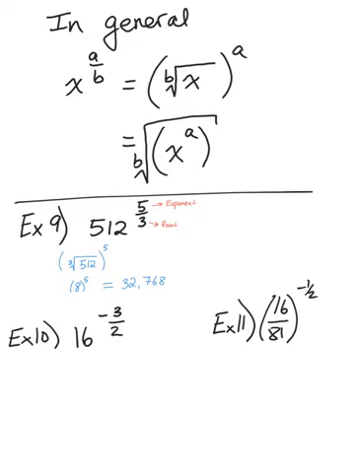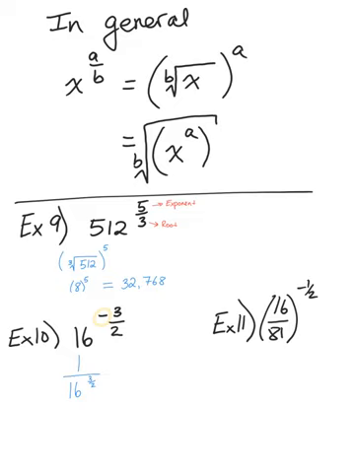In example 10, I have 16 to the negative 3 over 2. Before you do anything with your fractions and your exponents and whatever, first change the position. Anytime you have a negative exponent, that is telling you that the 16 is in the wrong position. So I'm going to change the position first. This is 1 over 16 to the power of positive 3 over 2.